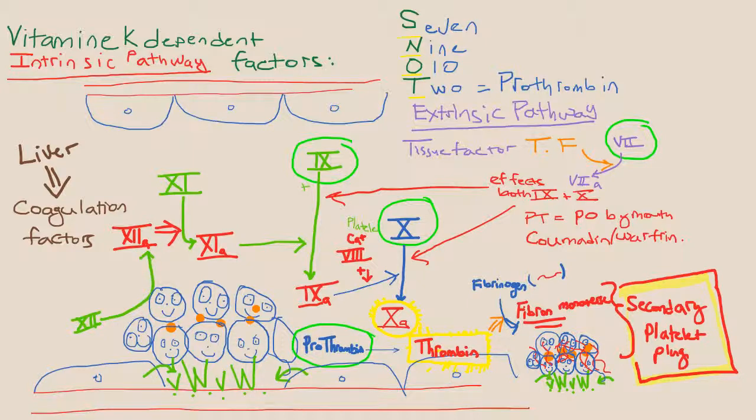Okay, now let's look at those factors that are dependent on vitamin K. In order for the liver to produce some of these factors, vitamin K must be available. An easy way to remember this is with the acronym SNOT, S-N-O-T. S stands for 7, N stands for 9, O stands for 10, and T stands for 2, which is another name for prothrombin.